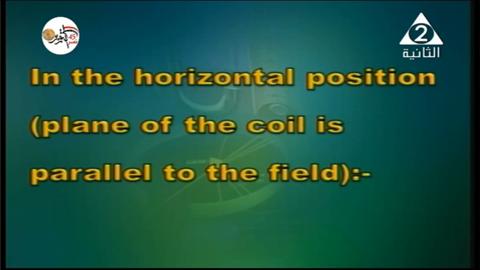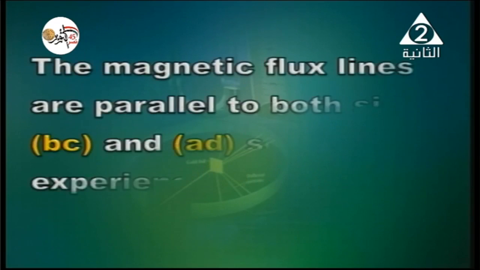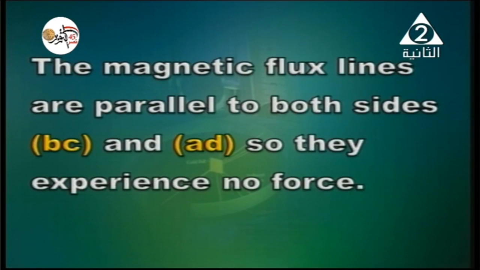In the horizontal position, the plane of the coil is parallel to the field. Magnetic flux lines are parallel to both sides, BC and AD, so they experience no force.